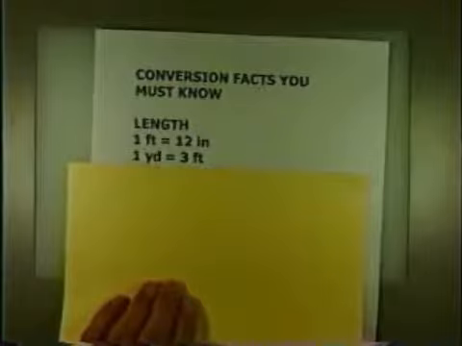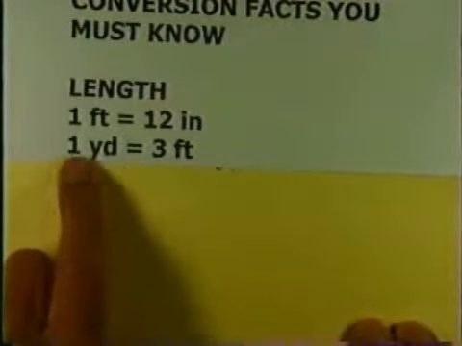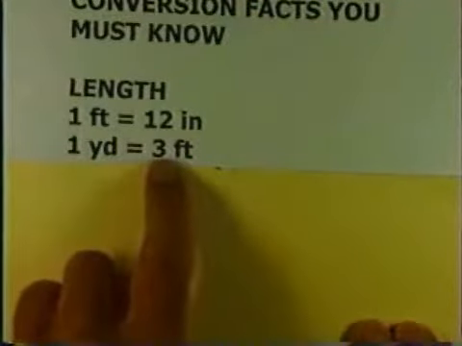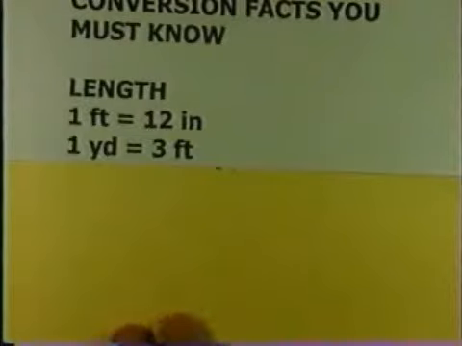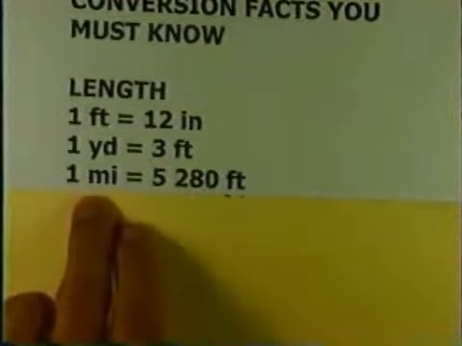1 yard is equal to 3 feet. Most of you can also visualize a yardstick. A yardstick is 3 feet long. 1 mile is 5,280 feet. A mile is harder to visualize than a foot or yard.